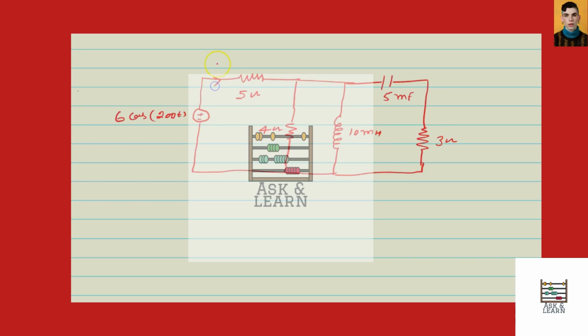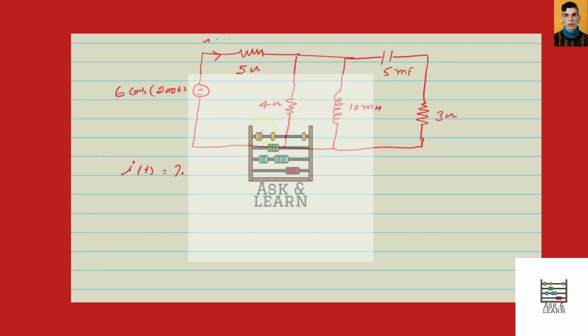We have to find the value of I of t, which is the total current in the circuit. For finding the current, we apply the formula I equals V upon Z, where V is the input voltage of magnitude 6 volt at omega equals 200, and Z is the total impedance of the circuit, calculated by the series-parallel combination of these elements.